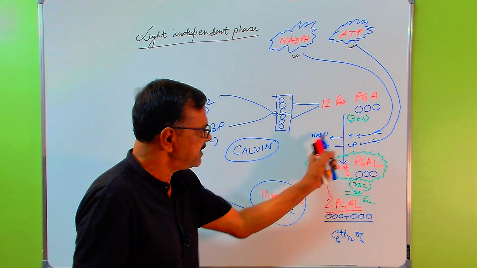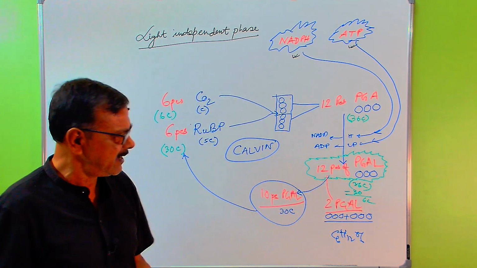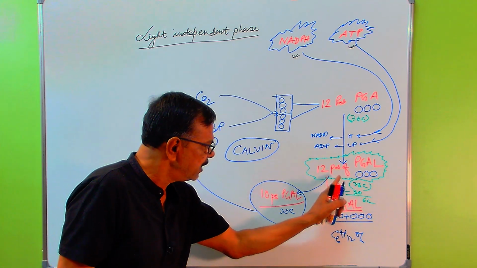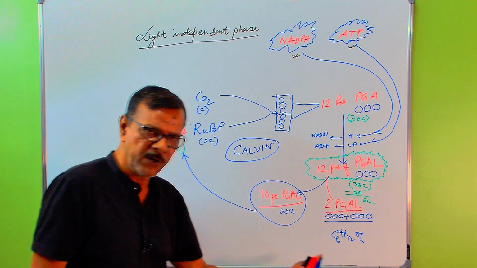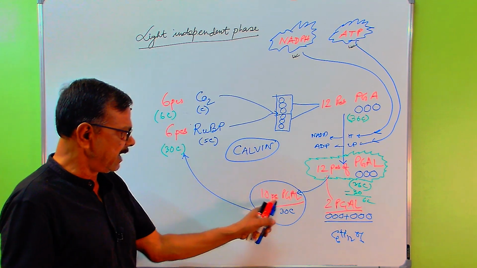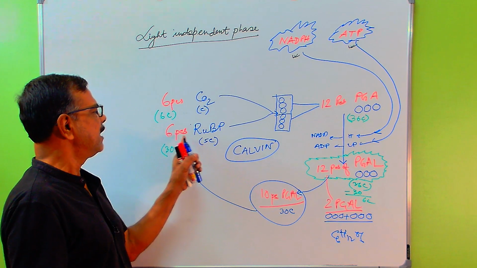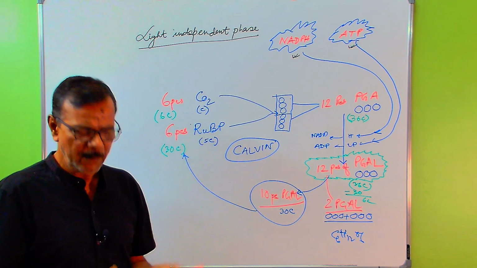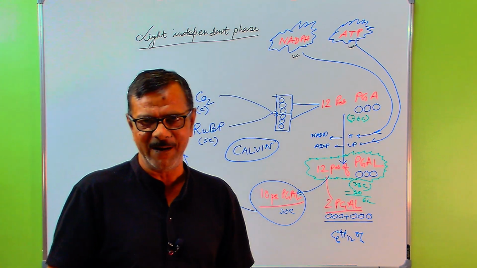So this NADPH and ATP will produce 12 pieces of PGA, phosphoglyceric acid. Out of 12, 2 will be left, that is 2 times 3, 6 carbon, which will produce a glucose molecule, and to continue the cycle, 10 pieces of PGA will come here and it will ultimately produce ribulose bisphosphate. Okay, the Calvin cycle is over, photosynthesis is over.